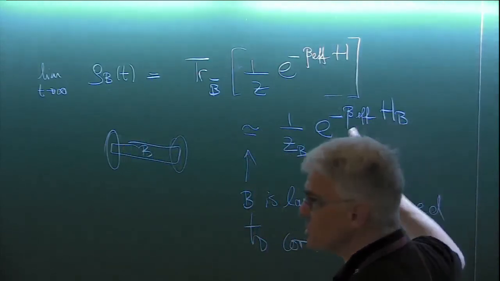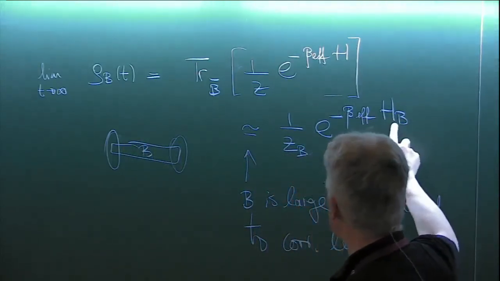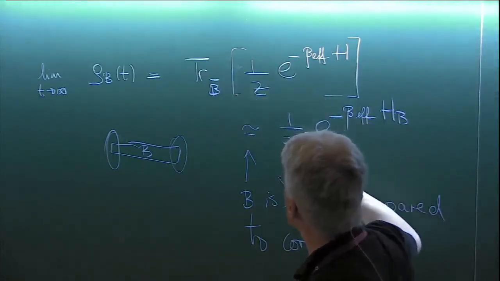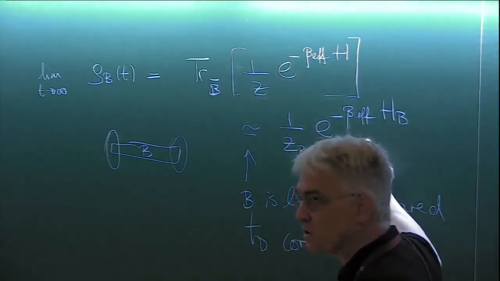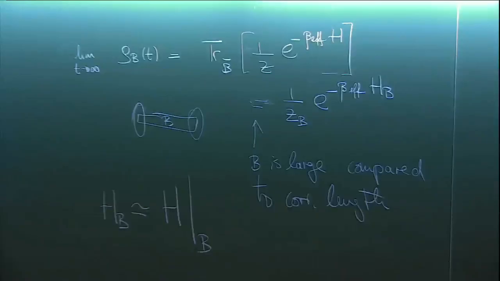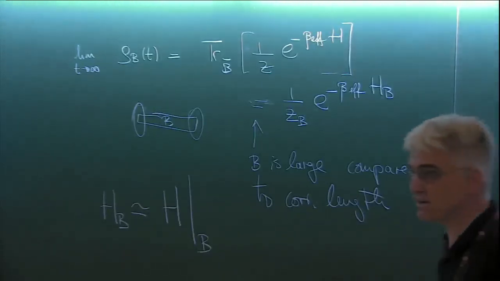This we call the entanglement Hamiltonian. You can always express this reduced density matrix in this form. And the statement then is that H_B is approximately equal to the restriction of H to B, and the deviation you can bound. It's bounded by the correlation length, and this is the exercise.